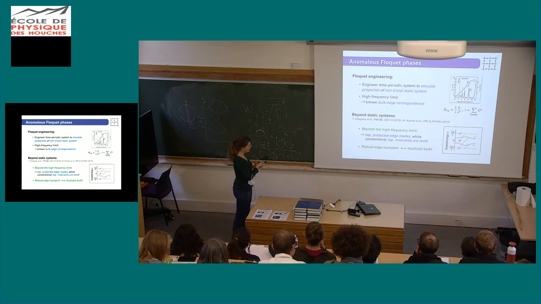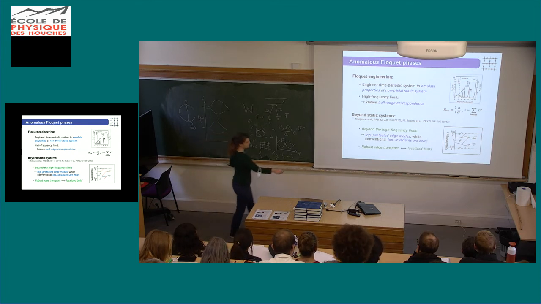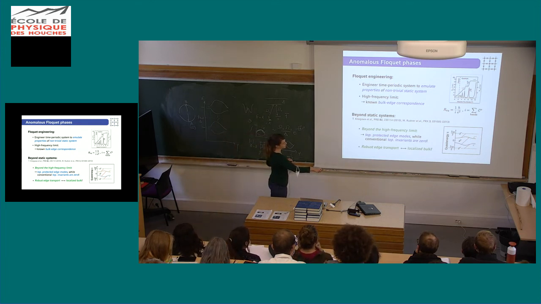As you can see here in the spectrum, in particular what you can have is that there are edge modes that enter this Floquet-Brillouin zone from below, which you cannot have in a static system because there's a true notion of a lowest energy band. You cannot just have an edge mode coming from below. In the Floquet spectrum, you can have that. So there's essentially a winding of this edge mode around the Floquet-Brillouin zone.